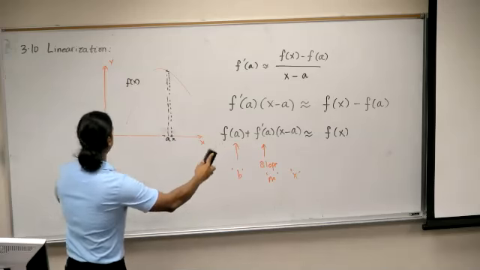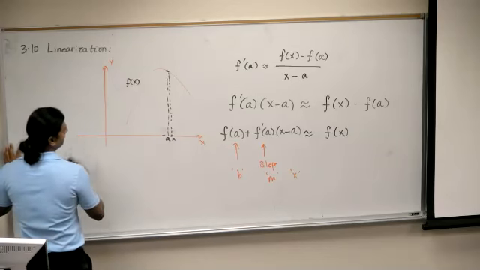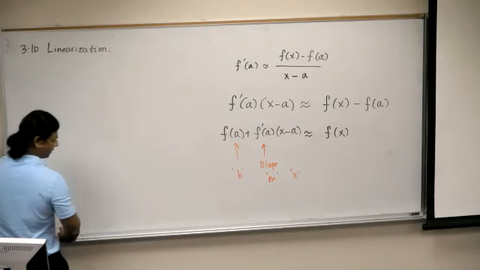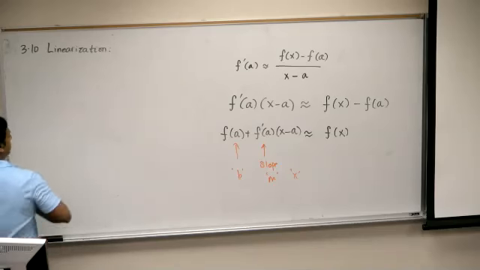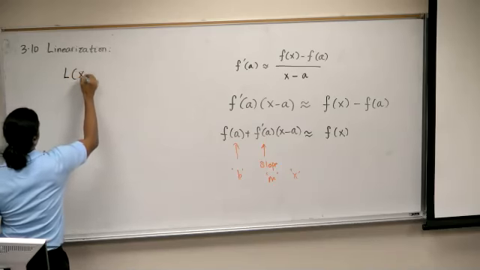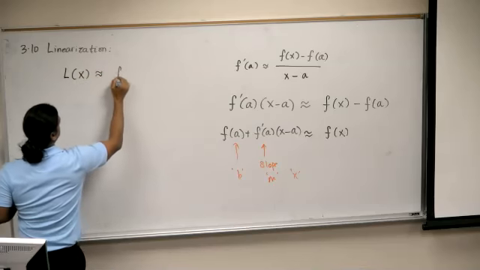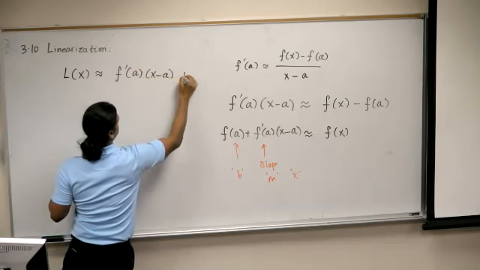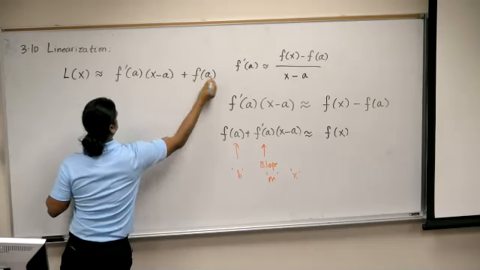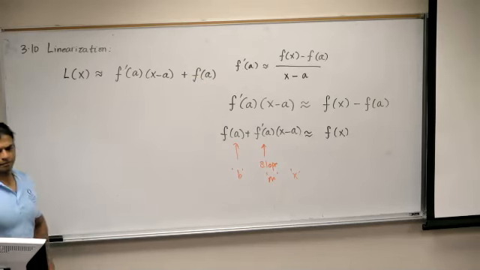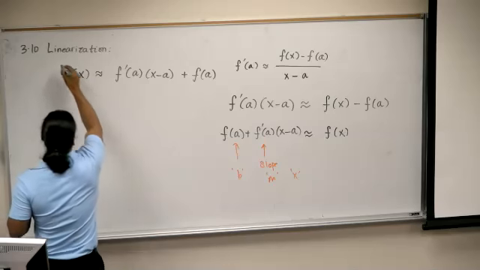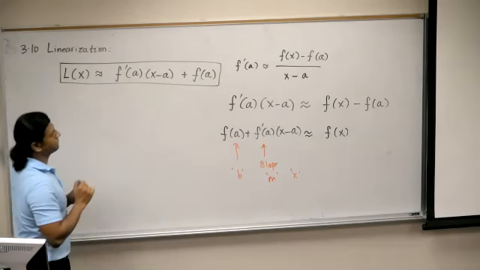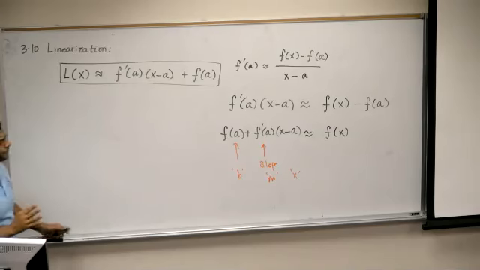Since it is an approximation, your book calls it L of x to denote a linear approximation. That would be the final linear approximation.